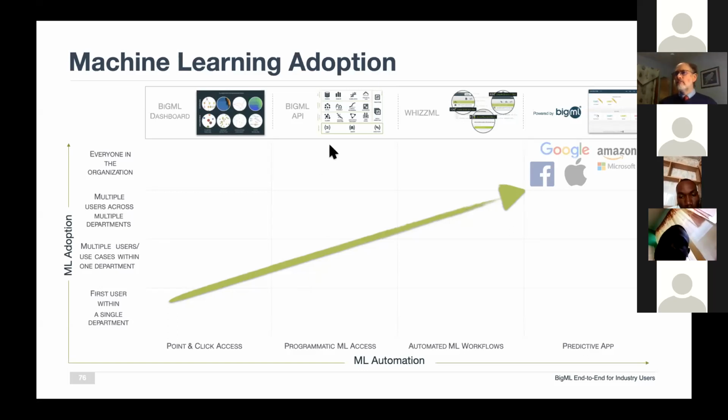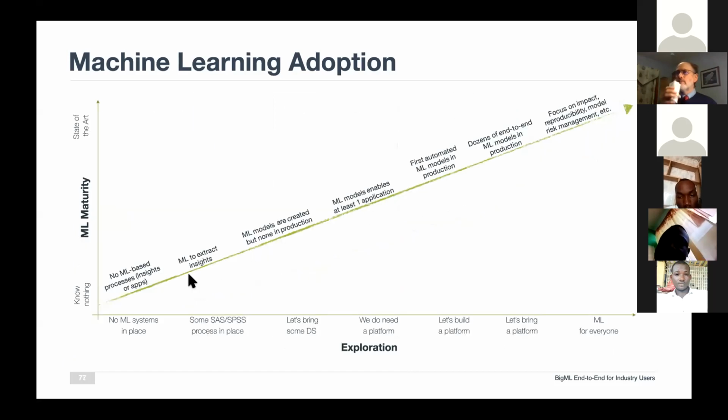And all this with a BigML solution, it is driven starting from the dashboard and programming, and there's this other curve where we can see that initially there are no machine learning based processes in the company. Then there would be a little machine learning used, and step by step helping to adopt machine learning more and more.